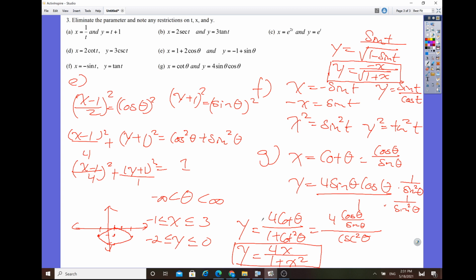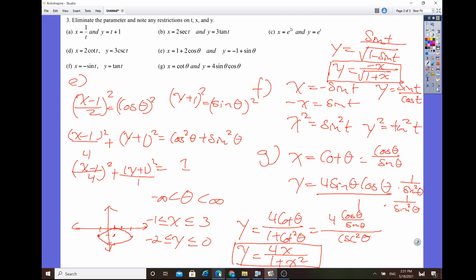So x could be anything else, y could be anything, but what about theta? Theta could be anything except, since this one is over sine, it cannot be 0, cannot be pi, like that. So it's all about the interpretation of the trig functions and also the original rational function. So find the domain and the range for the restricted values.